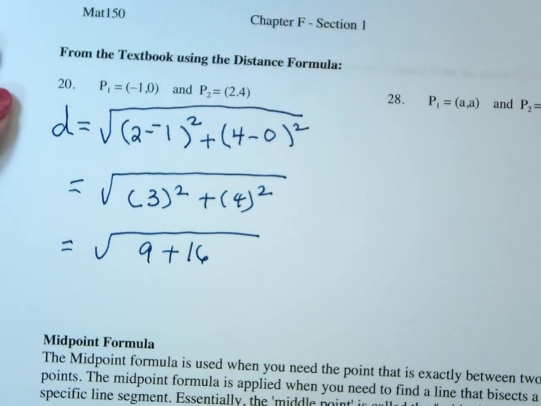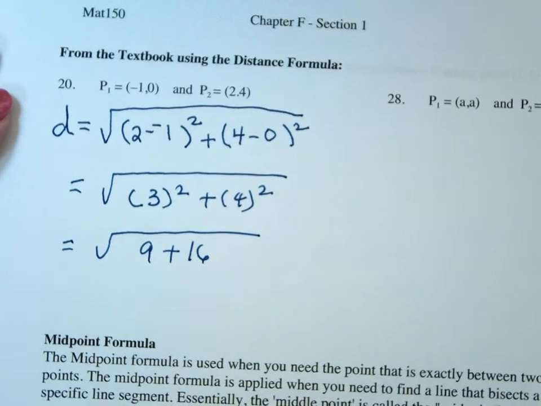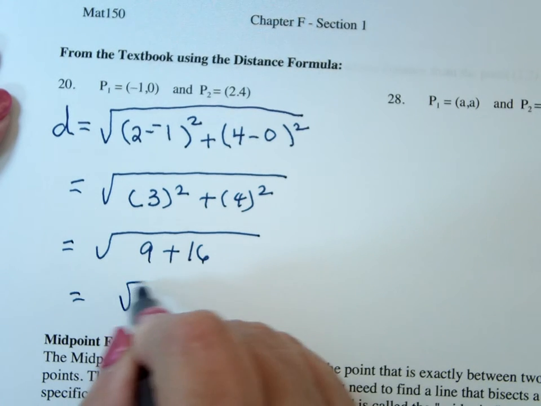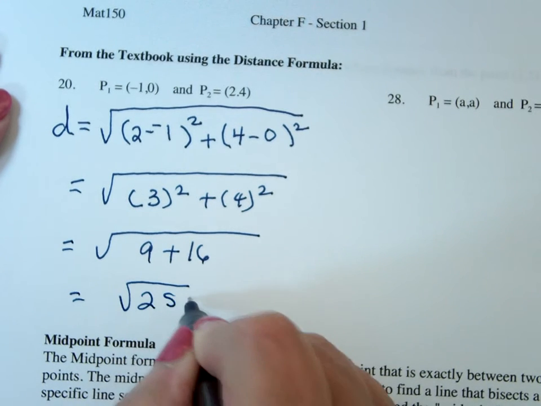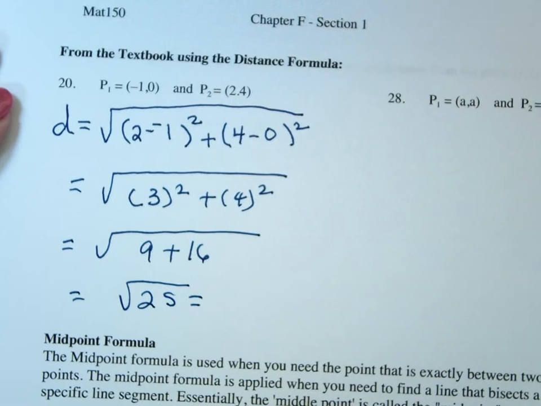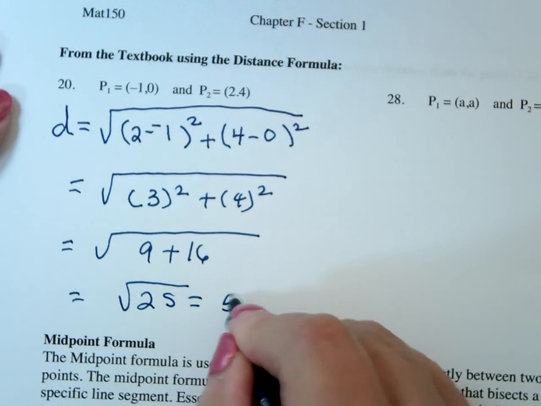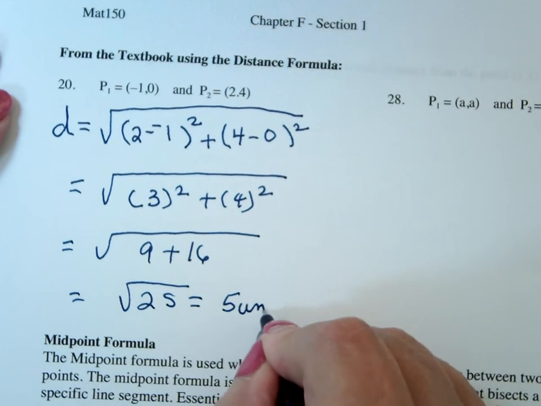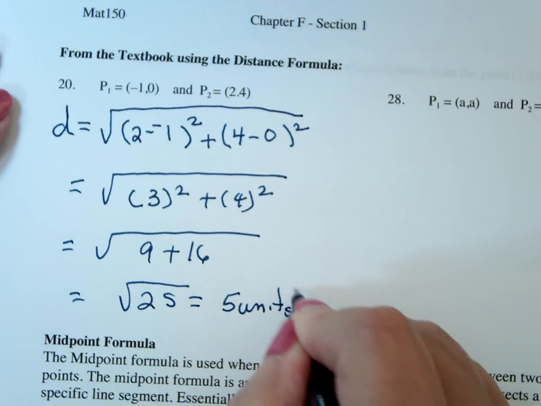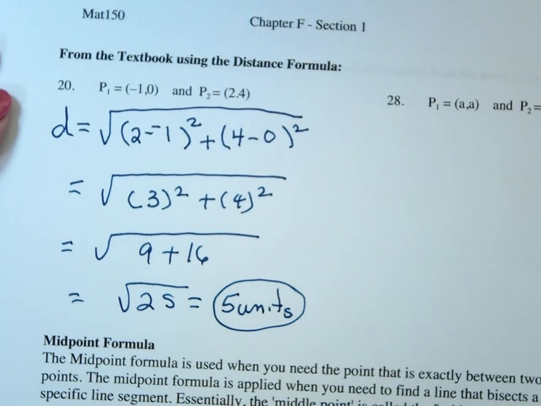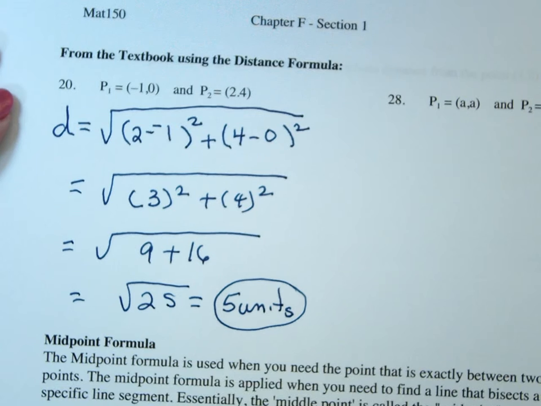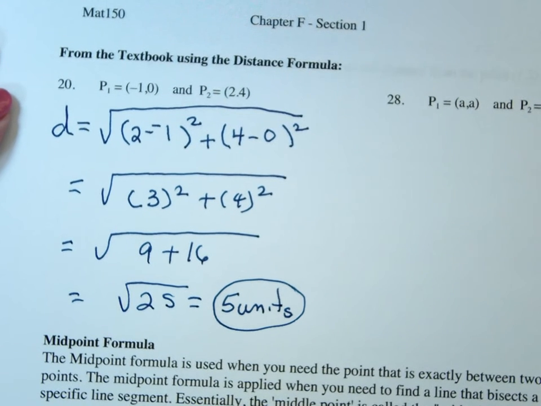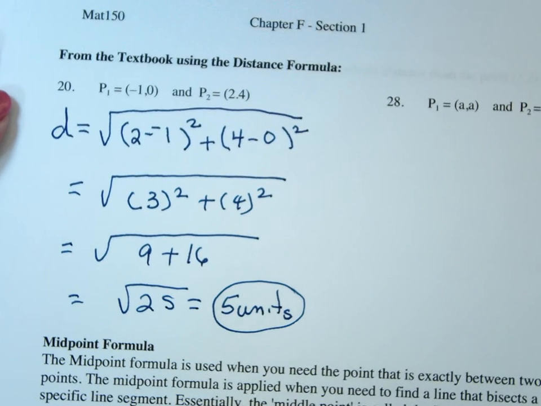You can tell this is a book problem. Why is that? Well, you get the square root of 25, and the square root of 25 is 5. The distance is 5 units, whatever the unit happens to be. I don't require you to put units down, but it is a measurement.